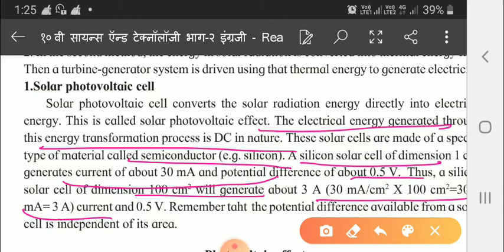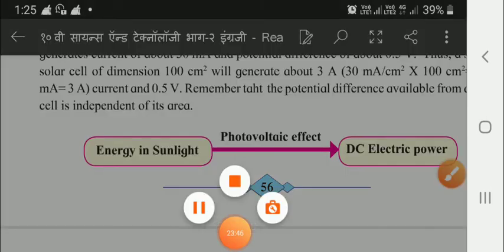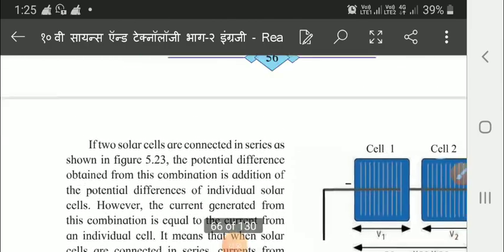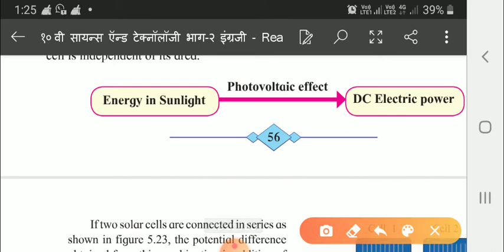So this is the available potential difference from a solar cell, that is independent of its area. Now children, here we can see that energy in the sunlight, with the help of the photovoltaic effect, is in the form of DC electric power.